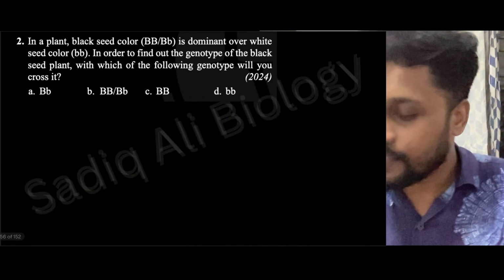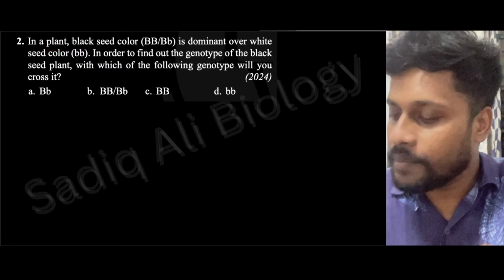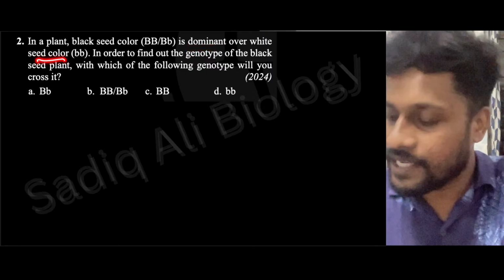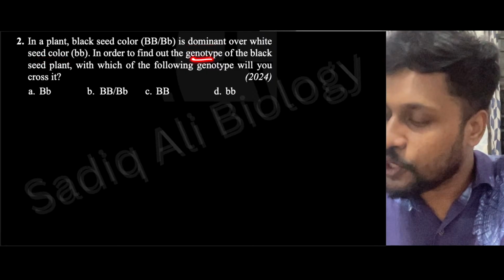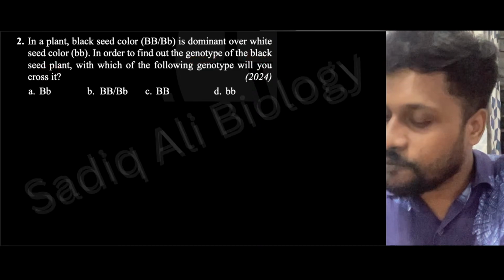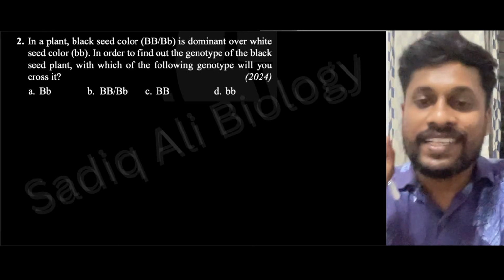In the next question, in a plant, black seed color, capital B capital B, capital B small b, is dominant over the white seed color. In order to find out the genotype of black seed plant, in which of the following genotypes will you cross it? Very nice question. You know how can we find the genotype?